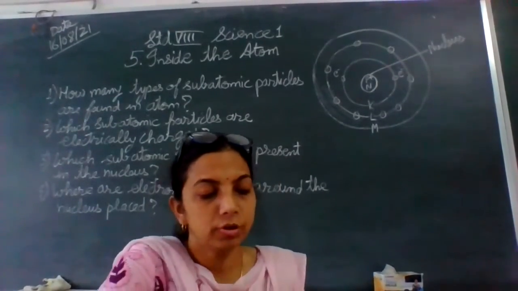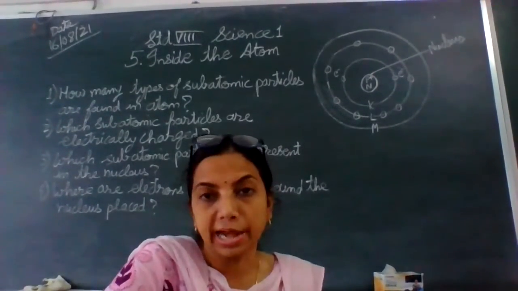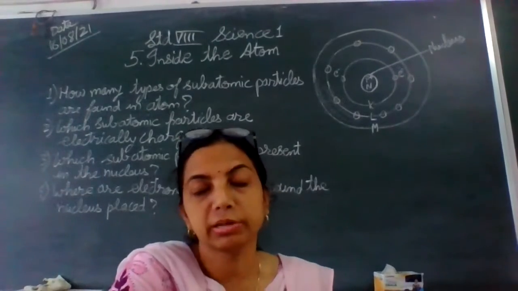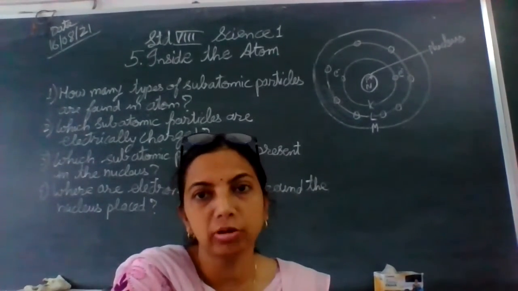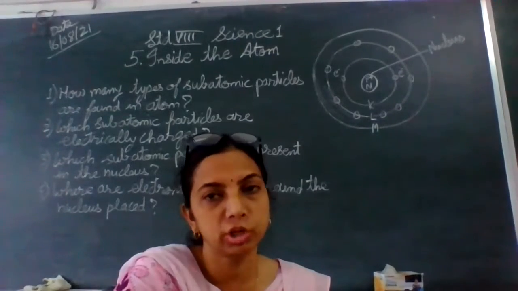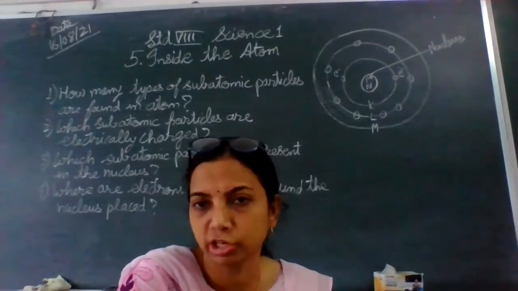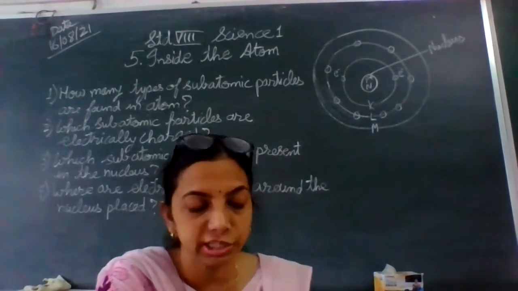And finally, the atom as a whole becomes an electrically stable particle because the positive charge in the nucleus and the negative charge outside the nucleus are balancing each other.